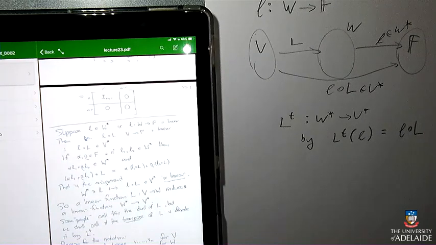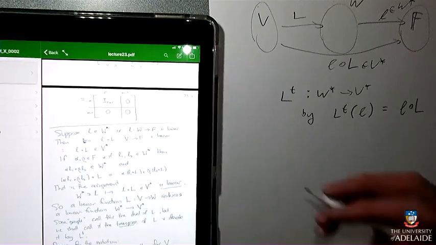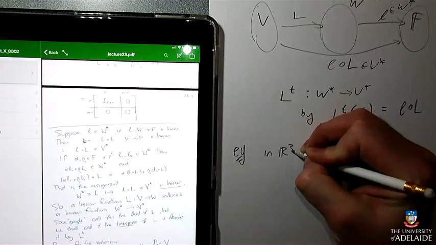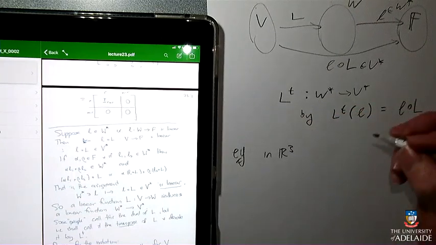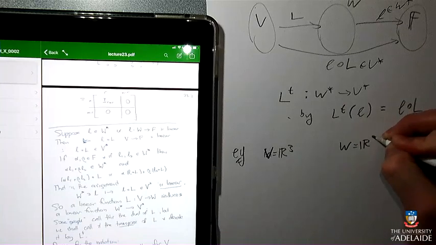Okay, I want to see what this looks like for a real example, like in R3. So V is going to be R3 and W is going to be R2. All right?